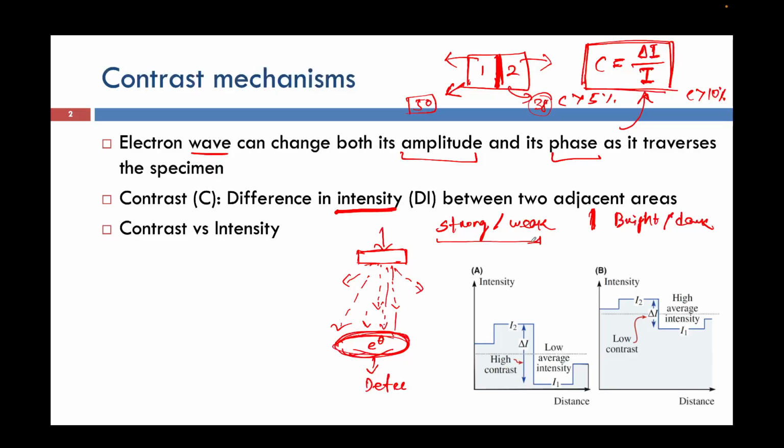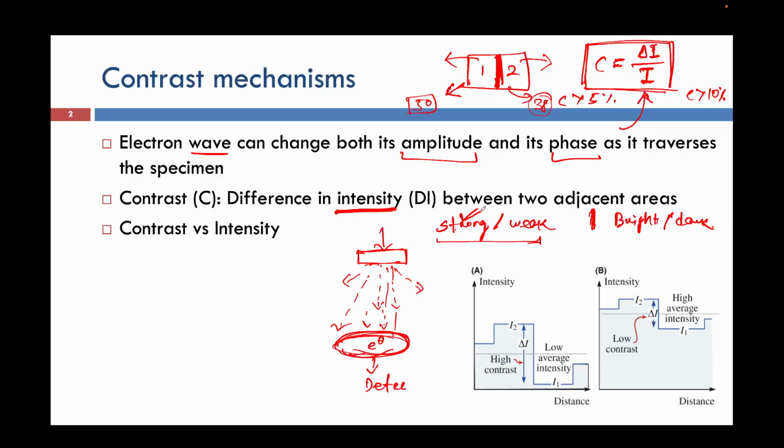Now coming to strong contrast or weak contrast, we always prefer a strong contrast in our image. Why? Because only then will we be able to interpret the different features in our sample. To get a strong contrast, it is desired that the detector should always detect low intensity.